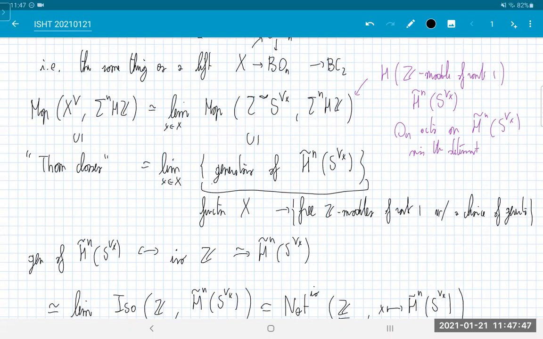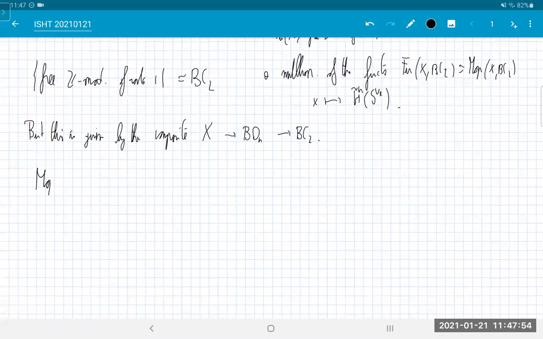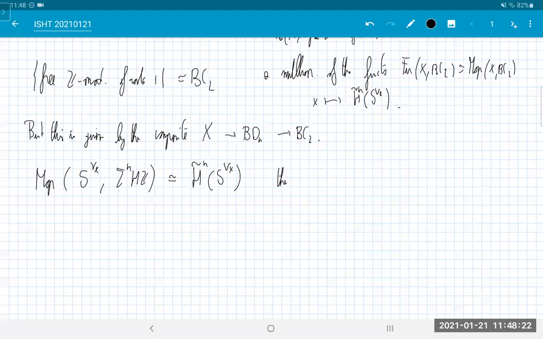And I guess the neat way of saying this is that this space of maps, sorry, SVX to Sigma^n HZ, is the same thing as the set H^n, a discrete set, and the subspace of generators is the same thing as Hom, an isomorphism from this guy.